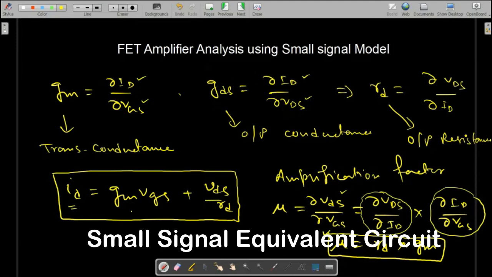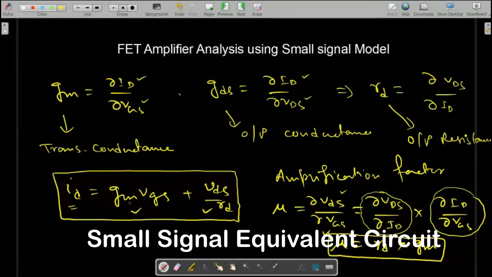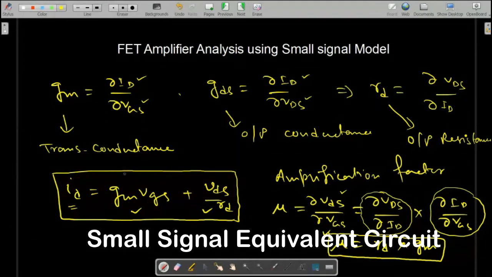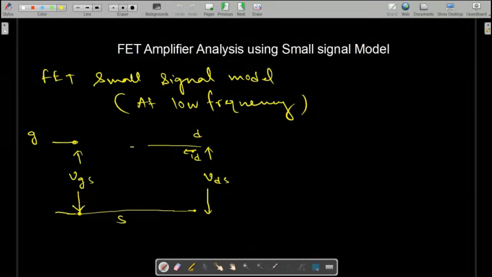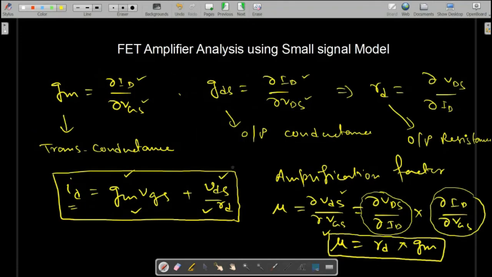The first part of ID is GM into VGS, this is ID1. And the second part of ID is VDS by RD.